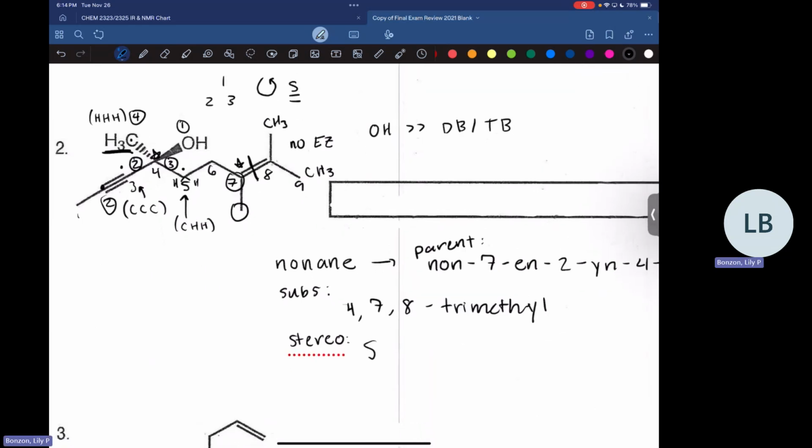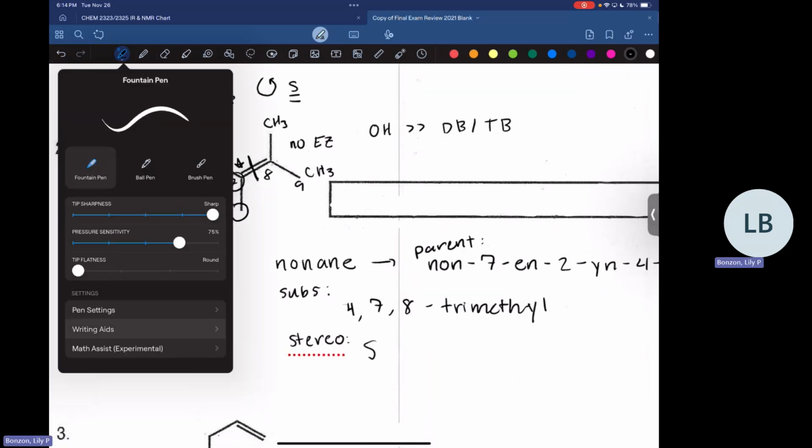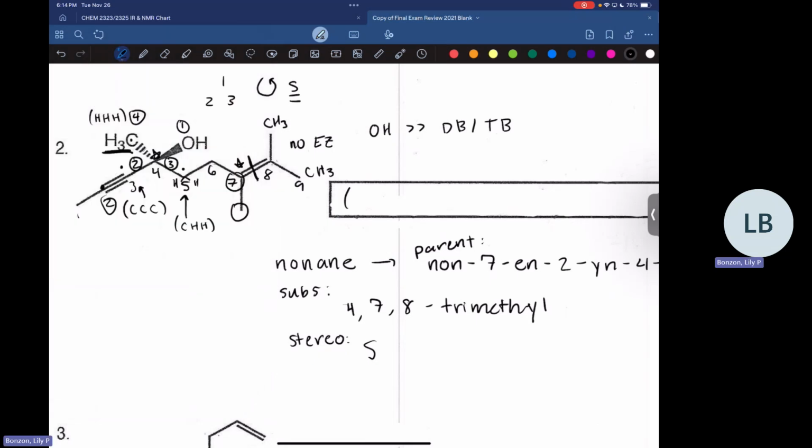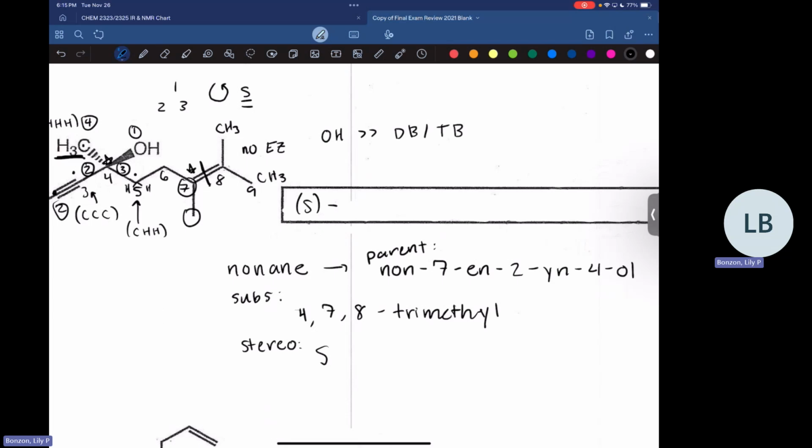So we've got our stereochemistry, we've got our subs, and we've got our main chain. So now all we have to do is put this all together. So out at the front of the molecule, we just have the one stereochemistry to consider, so we'll just put S. You don't need to put the number. Then we have our substituents, which were the 3 methyl groups. So 4,7,8-trimethyl.